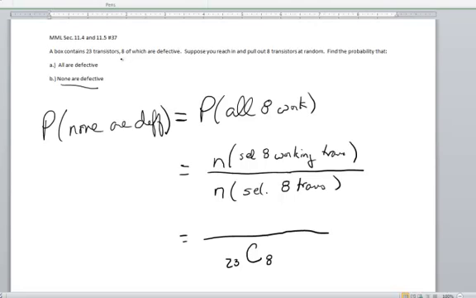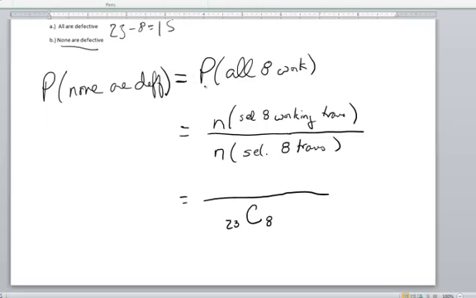We're told that 8 are defective, but since we're given the total number of transistors and 8 don't work, that means the remaining transistors must work, so we take 23 minus 8. That gives us the total number of working transistors. So coming back down to our ratio, how many ways can you select 8 working transistors? Well, we've got 15 working transistors to choose from, and we're going to be choosing 8.